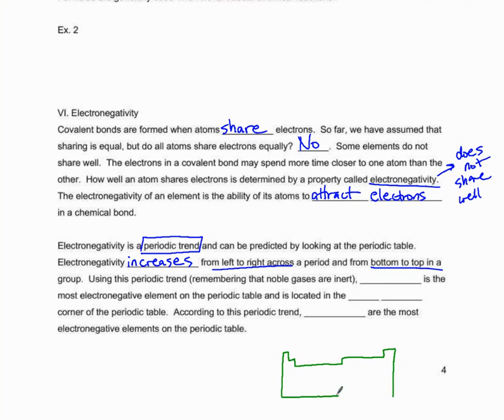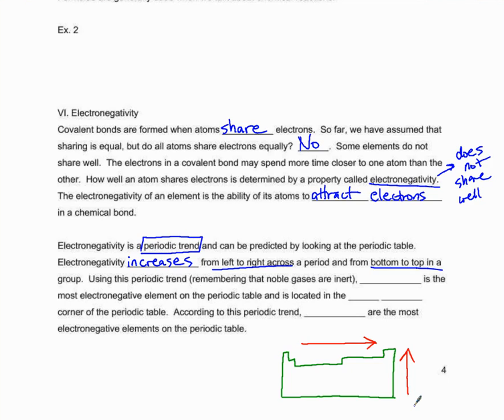So here's my periodic table. And it says electronegativity increases from left to right. So from left to right, electronegativity increases. And it also increases from the bottom to the top. So this is the basis of our periodic trend.